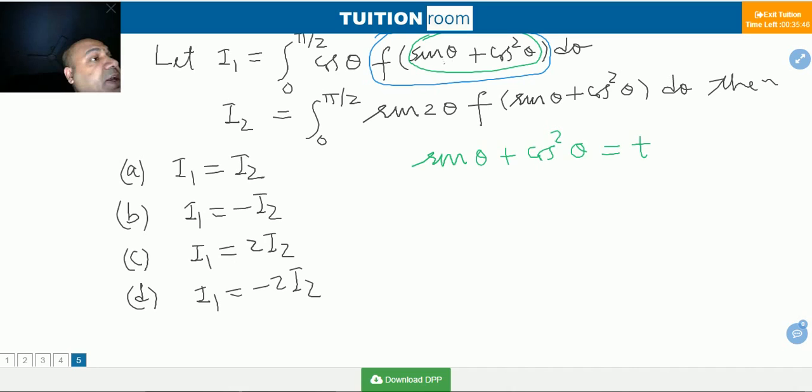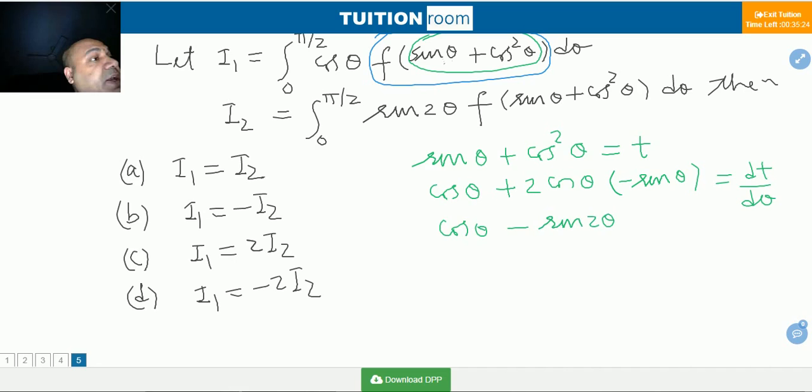Then if we differentiate, we get cos theta minus 2 cos theta into sin theta is equal to dt by d theta. Here we can write cos theta minus sin 2 theta, since we know the formula: 2 sin theta into cos theta is sin of 2 theta.